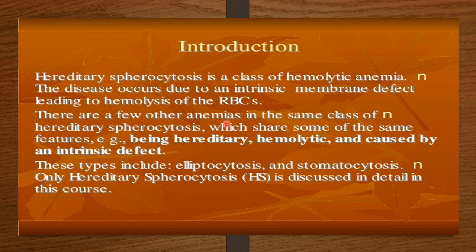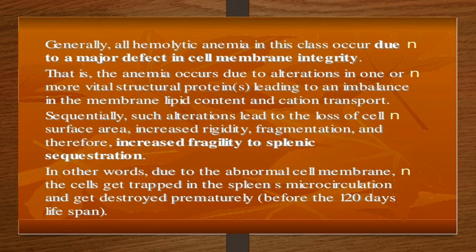There are a few other anemias in the same class, that is defects due to membrane, like hereditary elliptocytosis, which are caused by the intrinsic defect. These types are hereditary elliptocytosis, stomatocytosis, etc. In this session, only hereditary spherocytosis is discussed in detail.